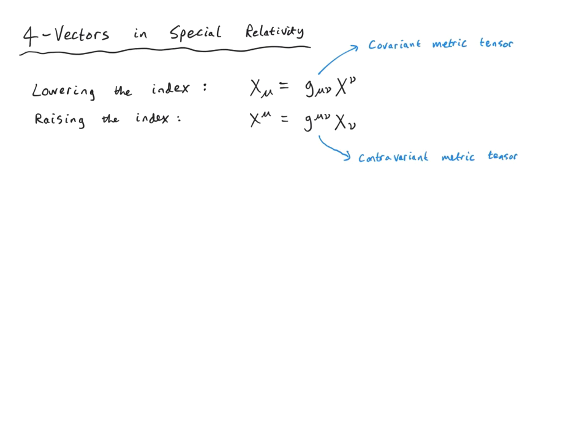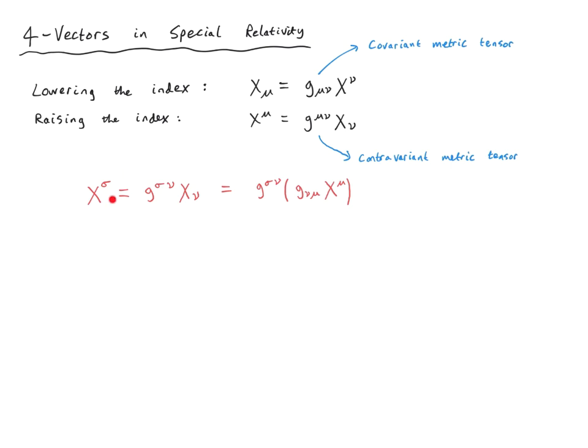So what is the relationship between these two different metric tensors? Well, we can actually find the relationship by first lowering the index and then raising it again. That returns our contravariant 4-vector back to a contravariant 4-vector. In this first part here, we are lowering the index of the contravariant 4-vector x mu to obtain x nu. Then we raise the index again to obtain x sigma this time.